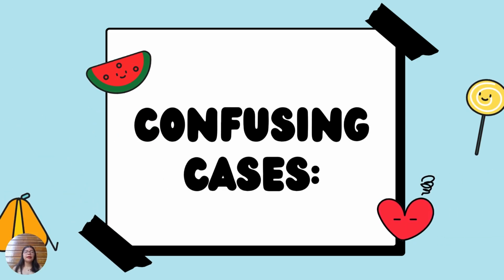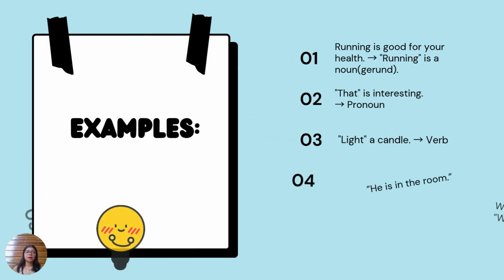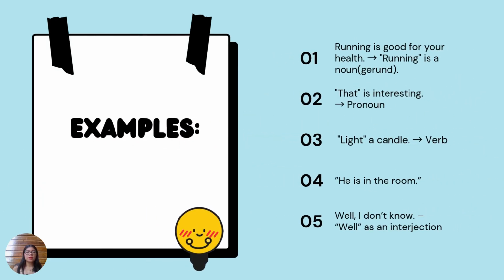Next, in this video we will see confusion cases. I have five different confusion cases. The first confusion case is: Running is good for your health. In your mind, what is the confusion?